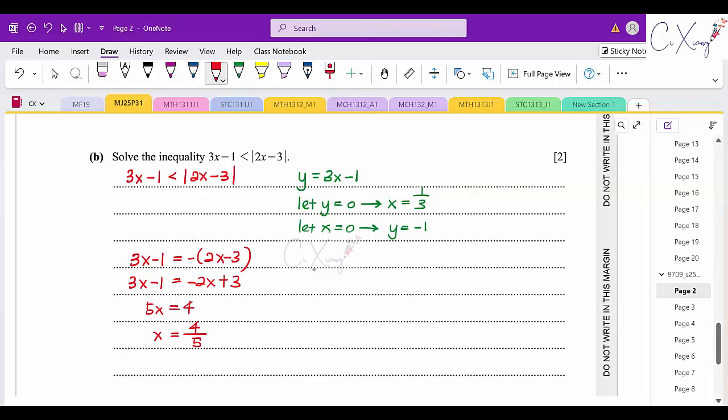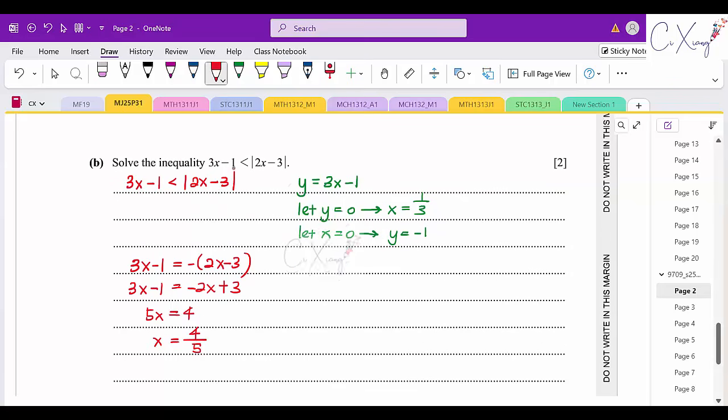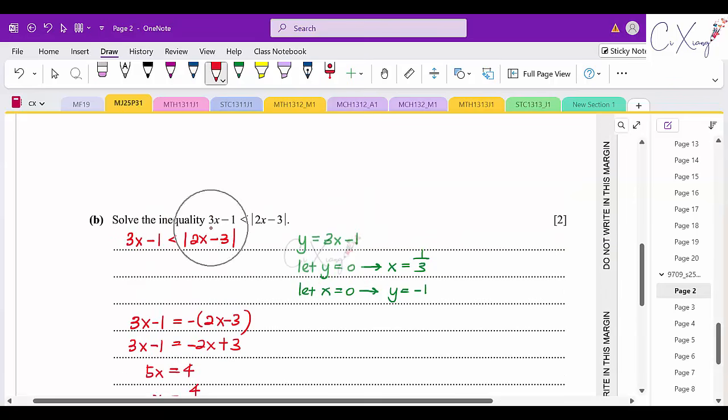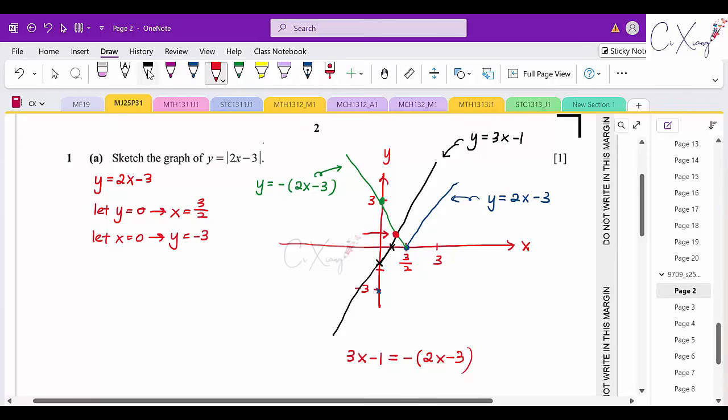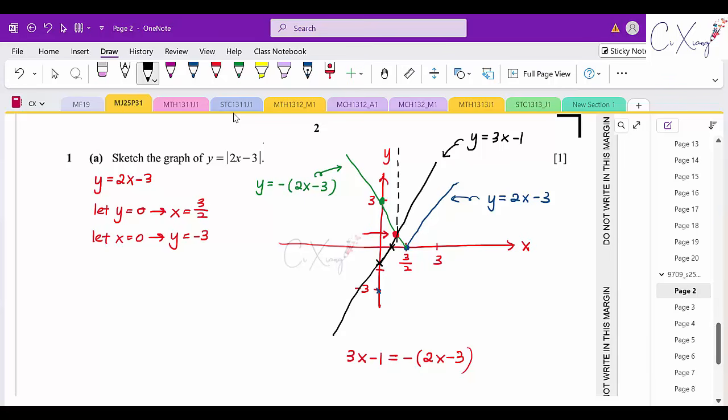And now I need to decide which part of the graph has 3x minus 1 smaller than modulus 2x minus 3. Okay, so you scroll up again. You separate your graph into two parts, before and after the intersection point. Then you compare and see which part of the graph gives you the black line below the V shape.